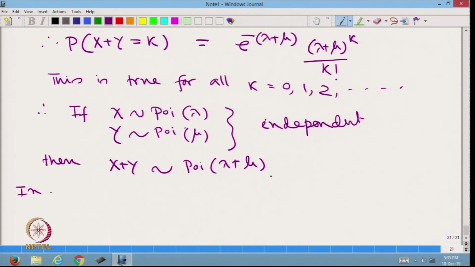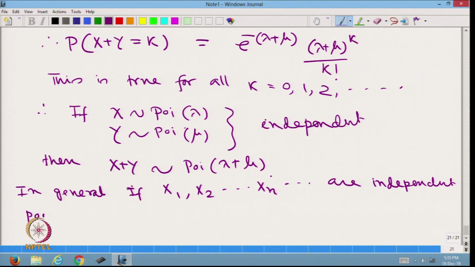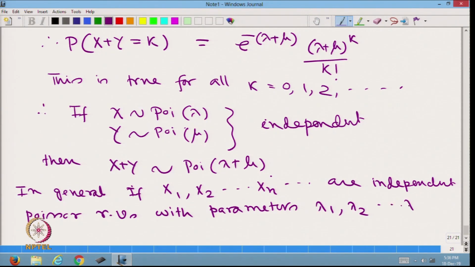In general, if x1, x2, up to xn are independent Poisson random variables with parameters lambda 1, lambda 2, up to lambda n, then the sum of xi, i equal to 1 to n, is distributed as Poisson with lambda 1 plus lambda 2 plus up to lambda n.